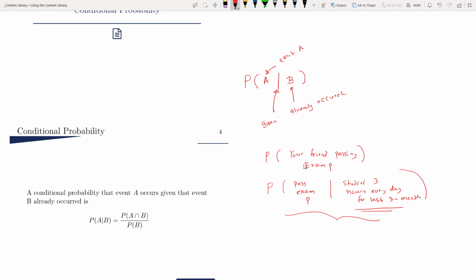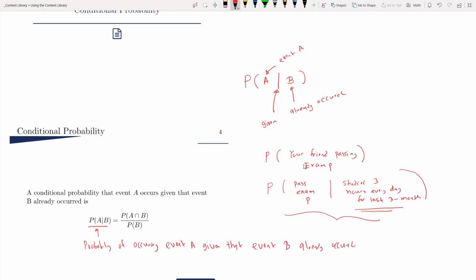So that's what we want to calculate. This is our conditional probability, probability of A given B. That's how you call it. If I write the long way, it is the probability of event A occurring given that event B already occurred.